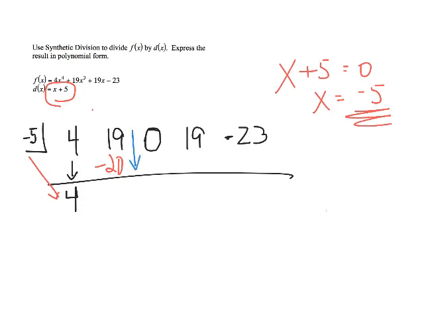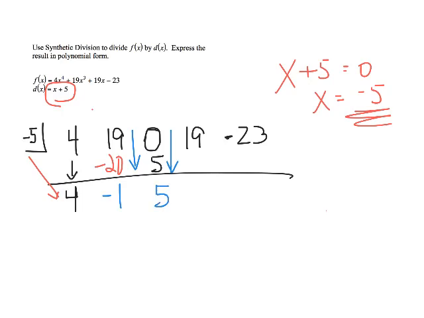So 19 plus a negative 20 is a negative 1. Okay, you repeat the process. That's all it is, just a bunch of repetitive processes over and over again. So negative 5 times the negative 1 gives me a positive 5. And when I add down my column, I'm going to get a 5.